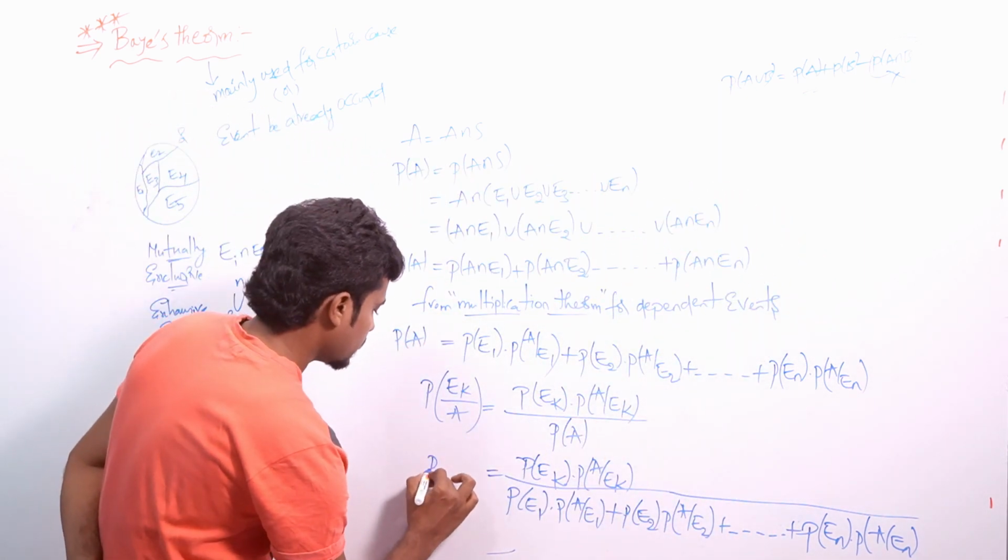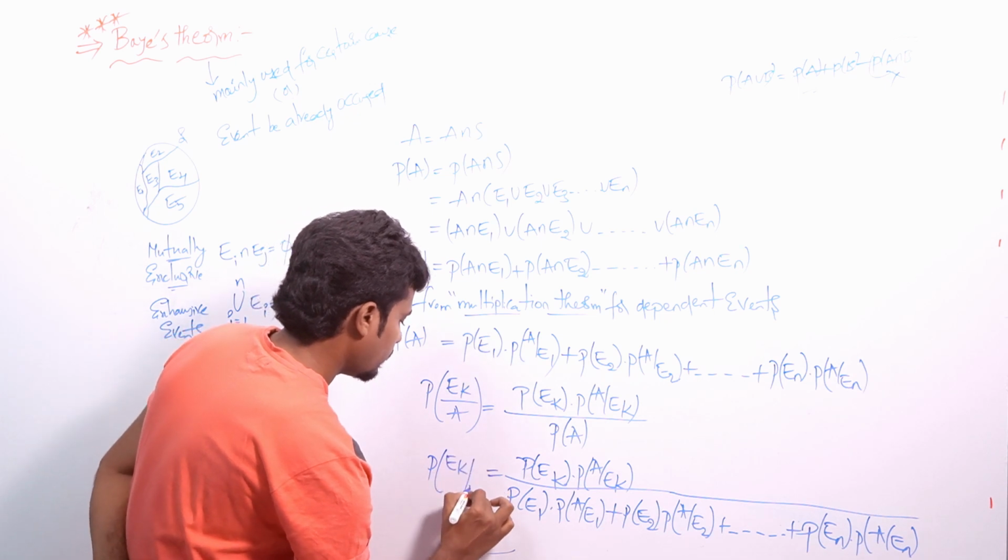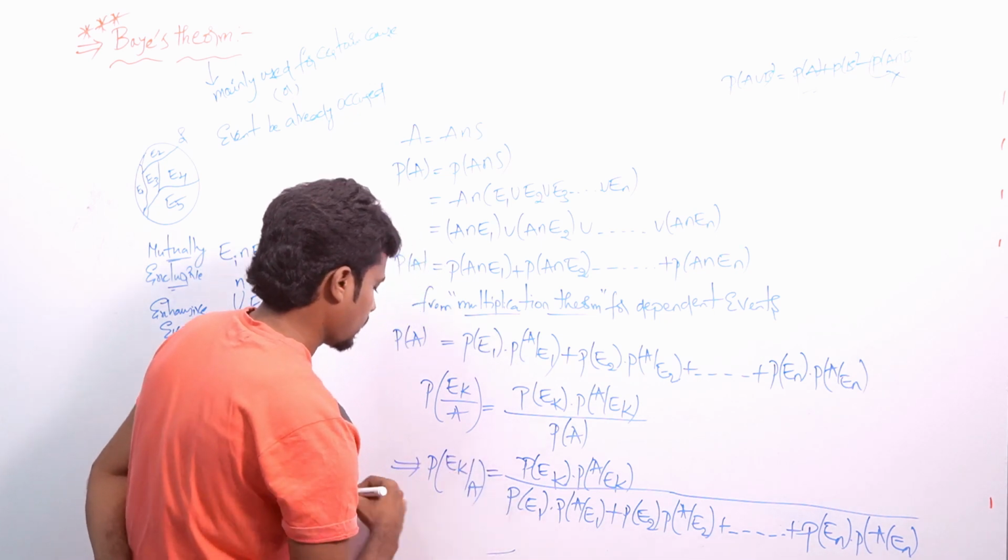This is the Bayes theorem, P of Ek divided by A.